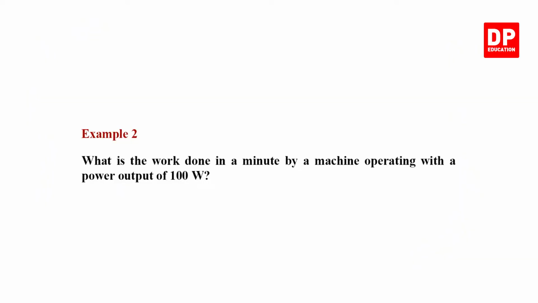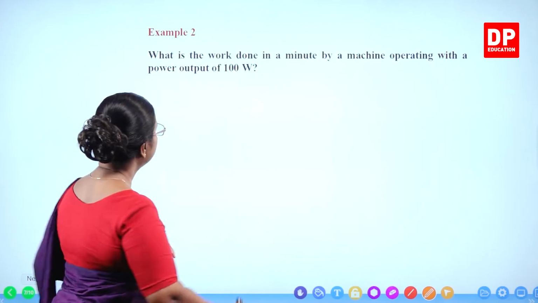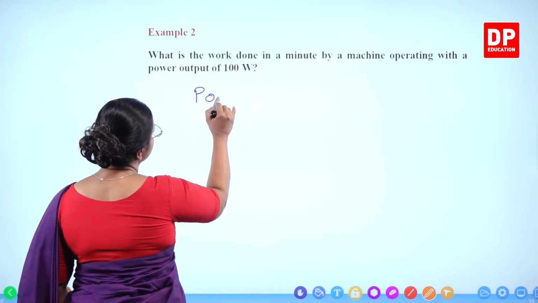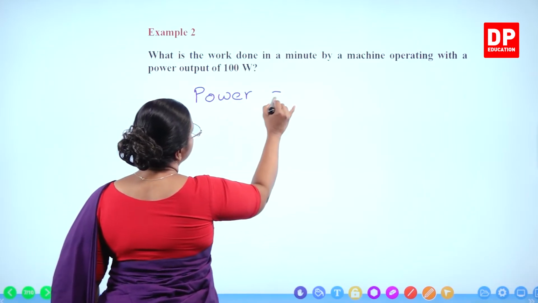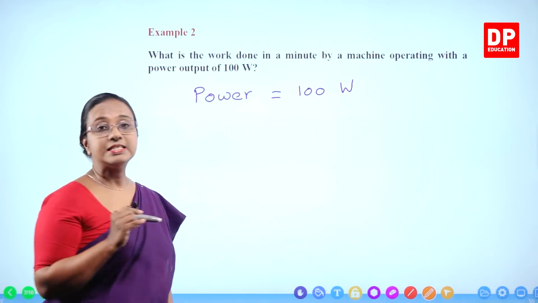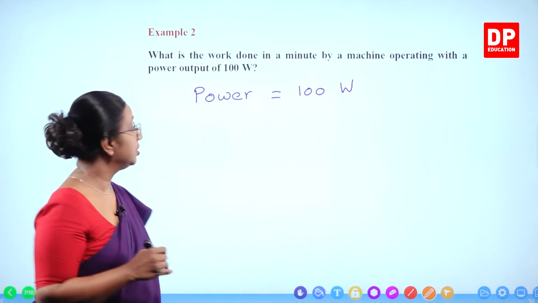So example 2. What is the work done in a minute by a machine operating with a power output of 100 watts? Here they have given you some values. Power is given to you. Power equals 100 watts. That is the work done in a unit time.